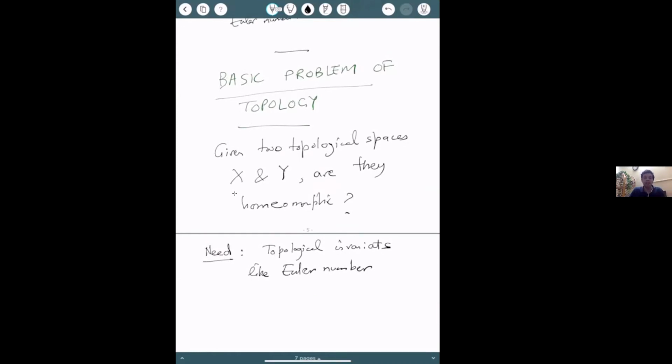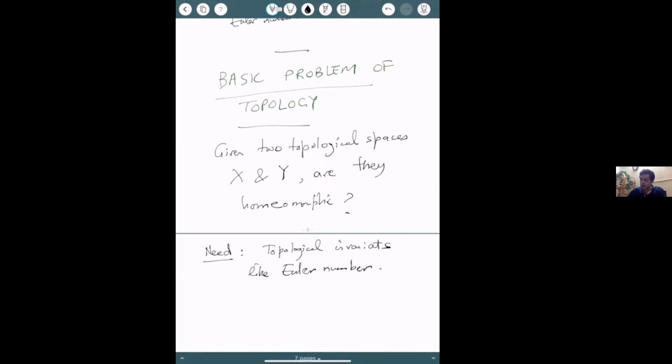They are invariant under homeomorphisms. So if you have an invariant like the Euler characteristic and the two spaces have different values, then you know that the two things are not homeomorphic. They are very good at saying whether two things are not homeomorphic. So these topological invariants are needed.